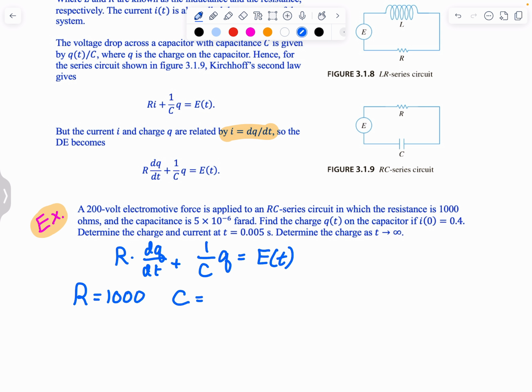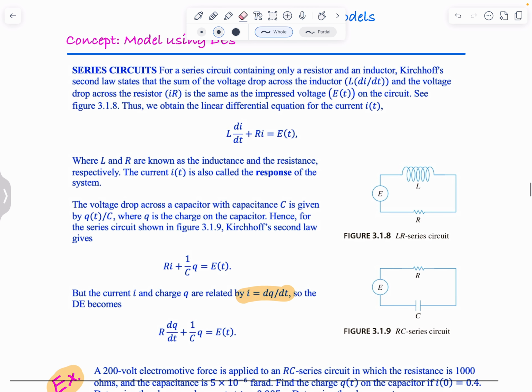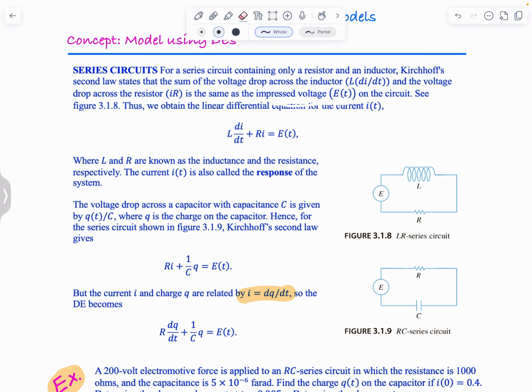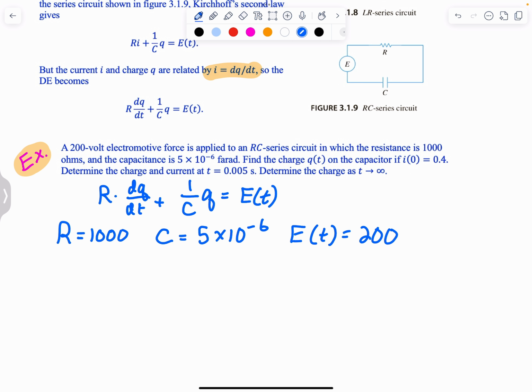Our C is 5 times 10 to the negative 6. And then E of t is 200. Remember, E of t is the impressed voltage, so the voltage is 200, right?